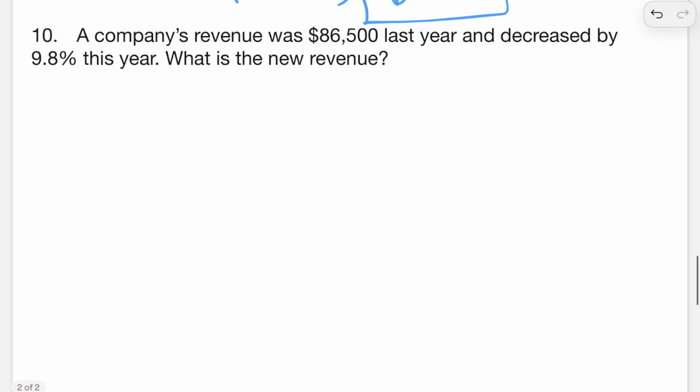Last one now. A company's revenue was $86,500 last year, and it decreased by 9.8% this year. What is the new revenue?